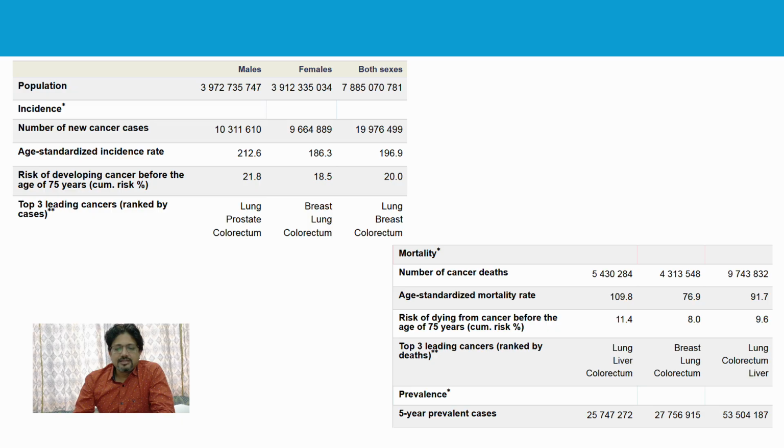On the other hand, if the cumulative risk is written as 20, the information we get is that 20 out of 100 persons are likely to have the risk of developing cancer before the age of 75. I again repeat, the age incidence rate is 196 per lakh population, and the cumulative risk is 20%, meaning 20 out of 100 have the chance of developing cancer before the age of 75.